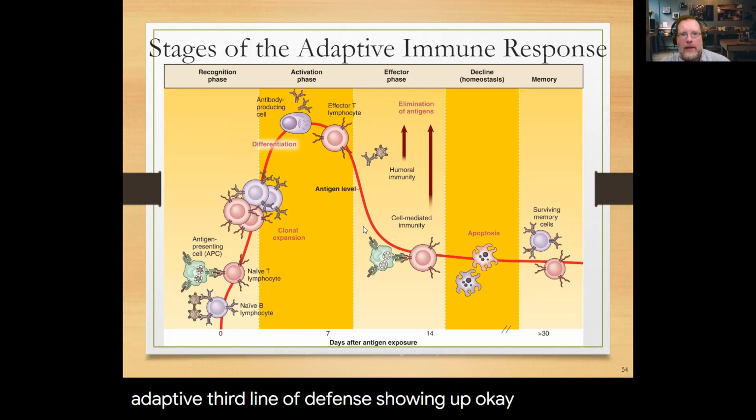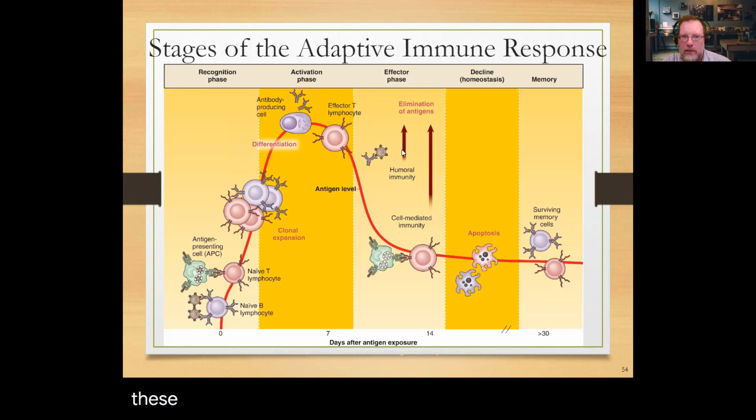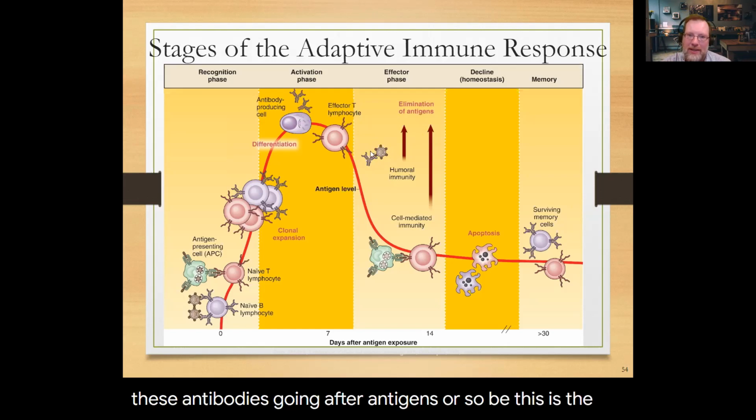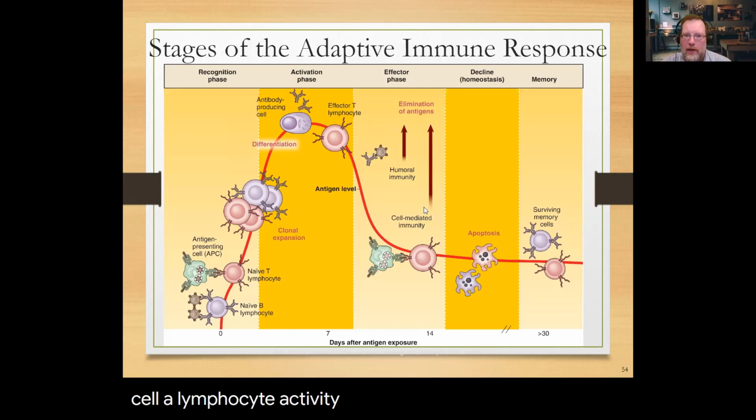Okay, and then for about a week or so, we're going to see humoral immunity. So these antibodies going after antigens, this is the B cell lymphocyte activity. And then the T cells are going to continue to plug in and either spritz what they need to do, the cytotoxic T cells, and that causes, again, that apoptosis.